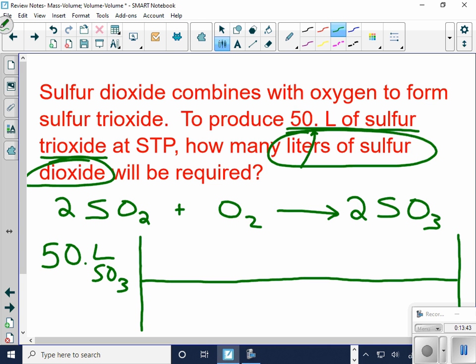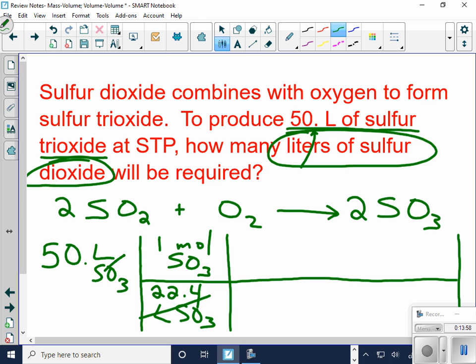And I know that my first conversion, I need to go to moles. So I know that 22.4 liters of SO3 is 1 mole of SO3. My liters cancel. I look and I say, okay, my molar ratio, SO3 is 2, 2 moles of SO3. I'm trying to find SO2, which is also 2, 2 moles of SO2.